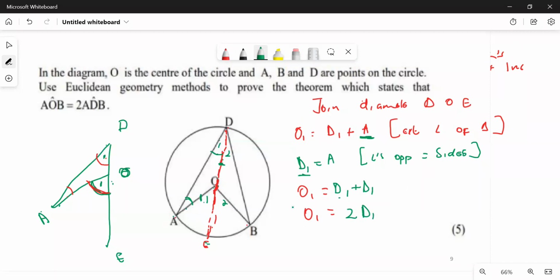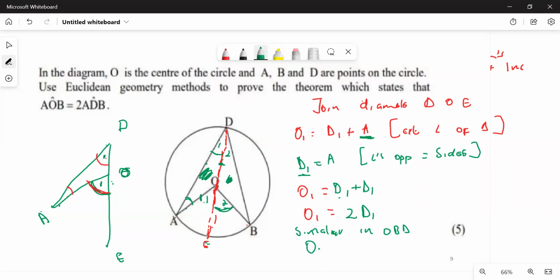And then you are going to tell them, but similarly, if you look at the other triangle, we still have this triangle. Whatever we did on this side is also going to be applicable. We did it for this side here. If we do it for O2, we're also going to get exactly the same thing. So tell them that similarly in triangle OBD, what is going to be O2?